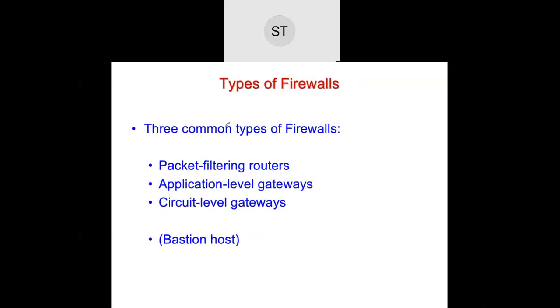Now, types of firewall available in the market. It's called packet filter routers. What you can implement is you can put a simple device, which is a router, at the edge. It has 2 interfaces simply.